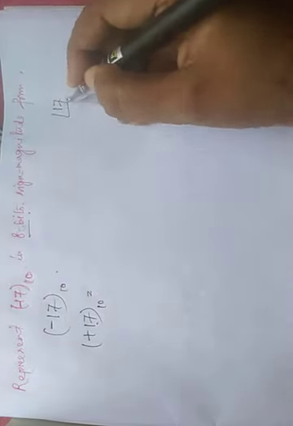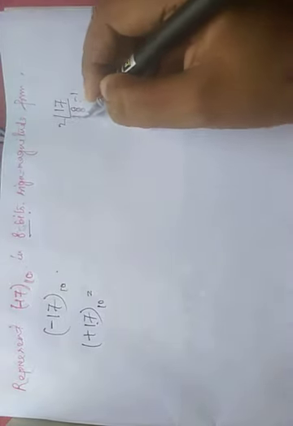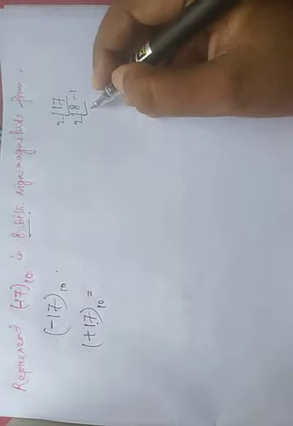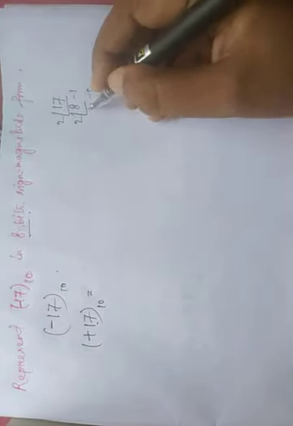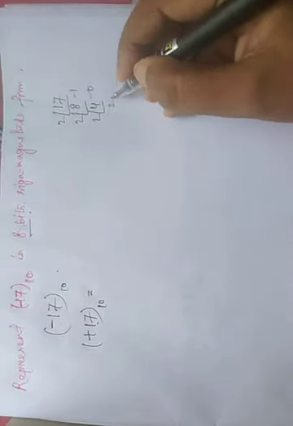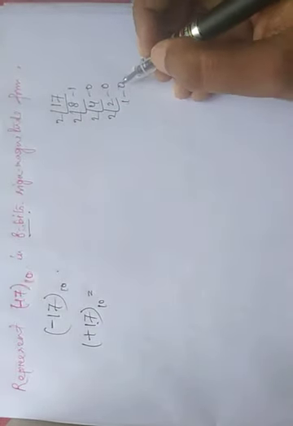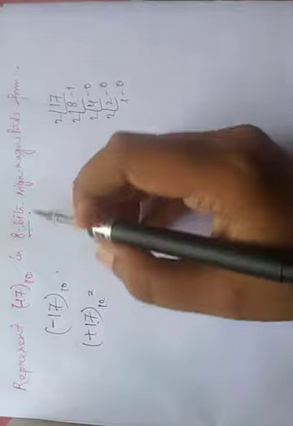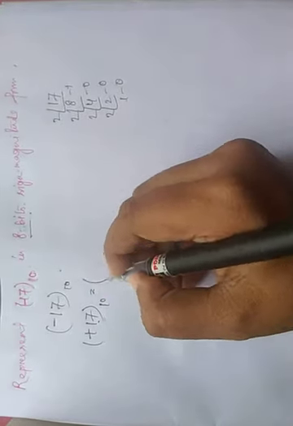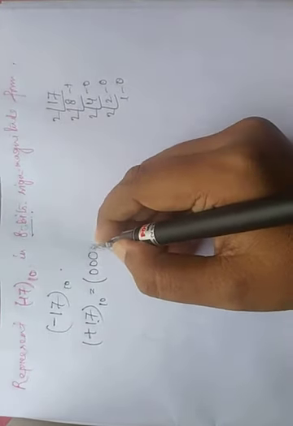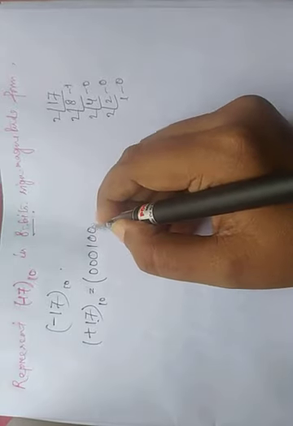The binary form of 17 is 10001. Okay, so this is 5 bits, but we have to represent 8 bits, so 3 extra bits have to be added.